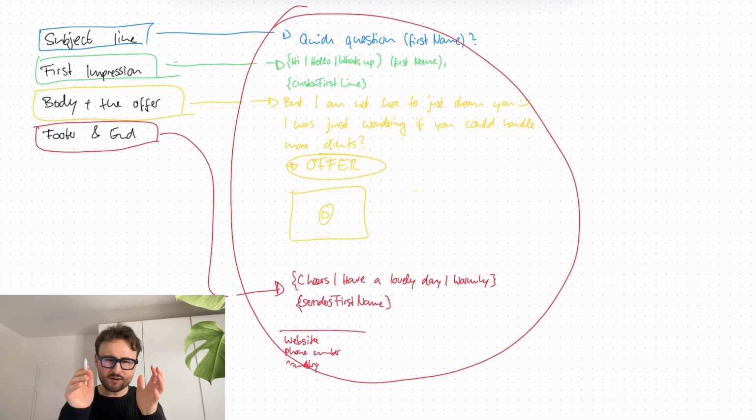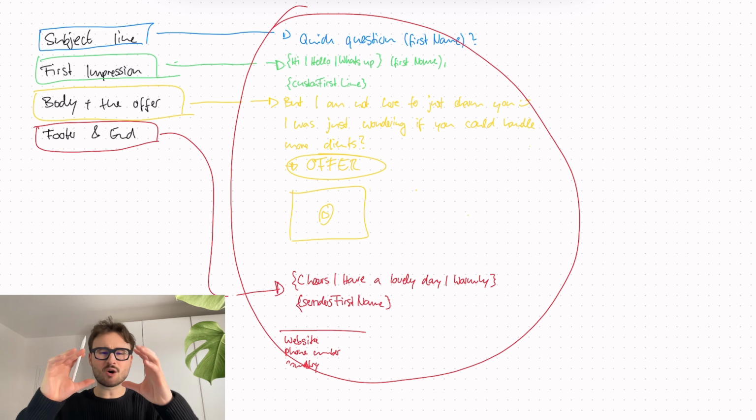So subject line first, then the first impression, then the body and the offer, and last but not least the footer. Make sure to think about it and always keep in mind customization first. If you don't customize your cold email, then just skip it, do something else. Take the time if you write cold emails. Too many people are ramping up cold emails way too fast. It doesn't make sense.